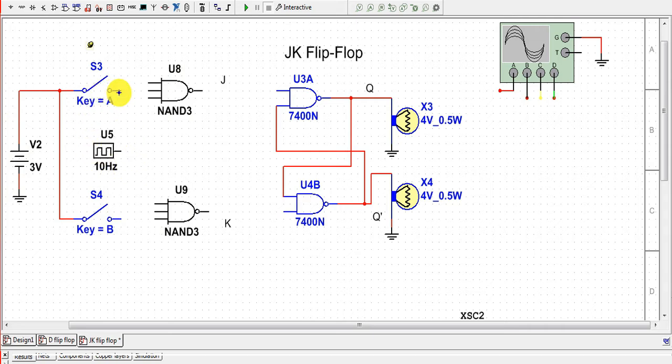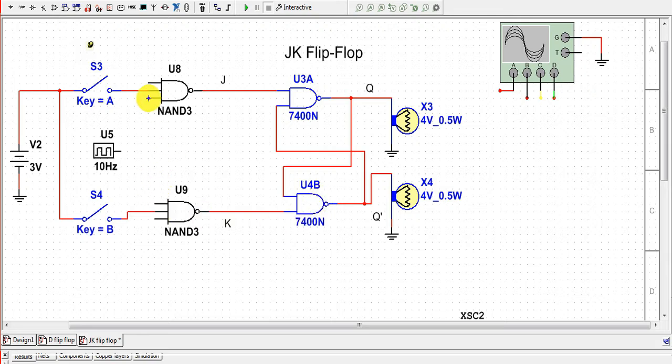The output of key A is connected to the input of the first 3-input NAND gate, and the output of key B is connected to one input terminal of the second 3-input NAND gate. The output of the first 3-input NAND gate is connected to the input of a 2-input NAND gate, and this output is also connected to the second 2-input NAND gate.